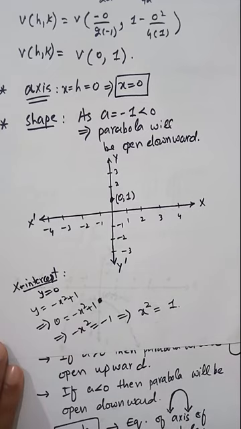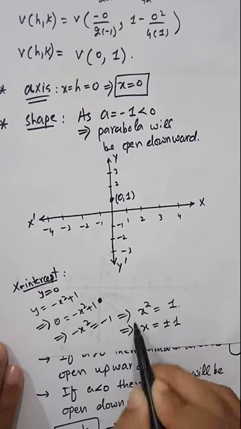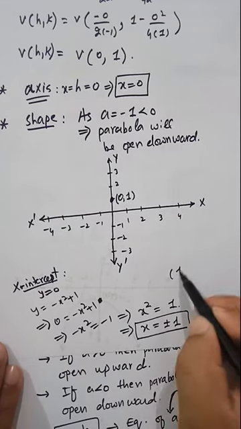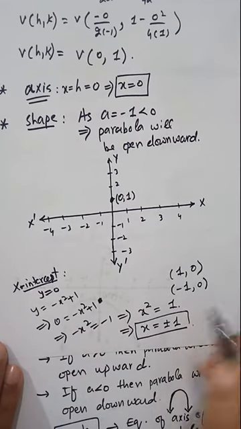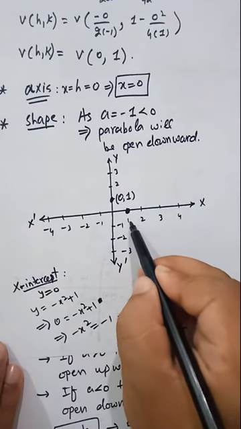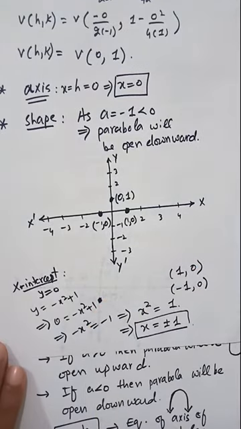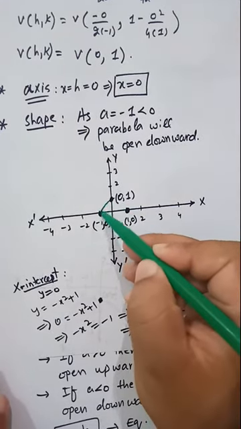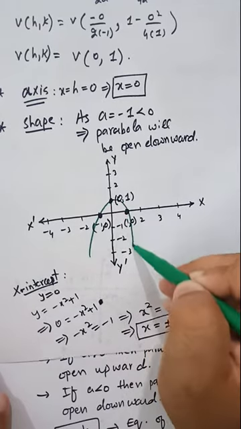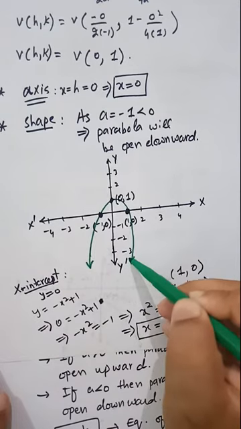So taking the square root on both sides, x will be equal to plus minus 1. So x is 1, y is 0, and x is minus 1, y is 0. This point which is (1, 0) and this point which is (minus 1, 0) are the x-intercepts of this parabola. So this will be the graph.